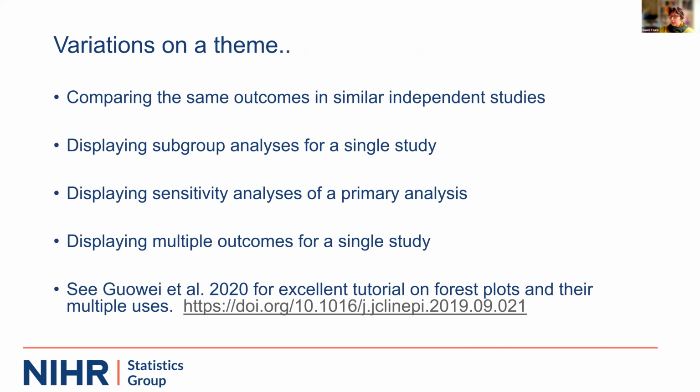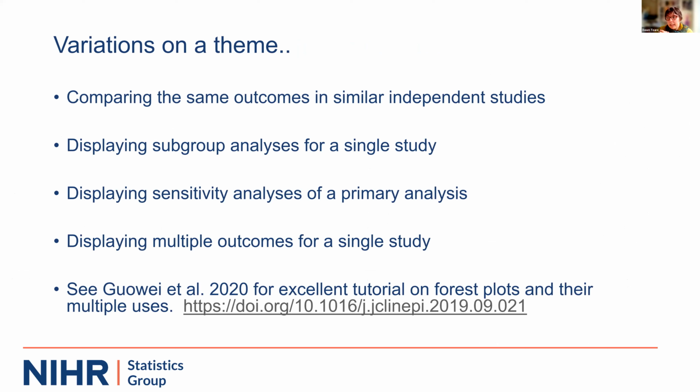Given that the main benefit from my point of view of the forest plot is that it enables you to have a visual aid for people. You've got all the detailed figures in a table, and it just allows you to show it visually, so it's much easier to see it all at the same time, because people really struggle to take in more than one statistic when it's written in a paragraph, and even when it's presented in a table, it can still be very difficult.